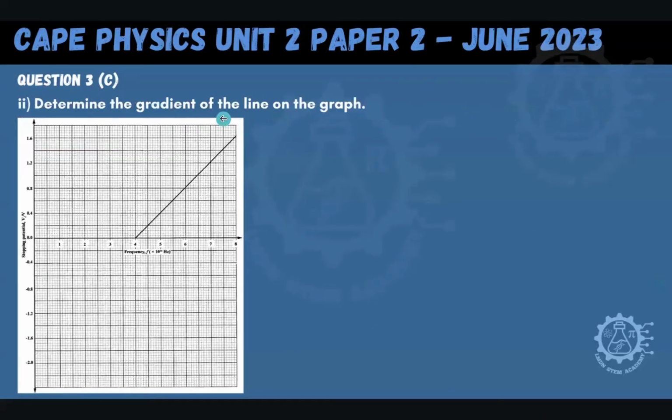So now we're being asked to determine the gradient of the line on the graph, right? So the generic equation for gradient is going to be rise over run, right? So it's going to be y2 minus y1 over x2 minus x1.